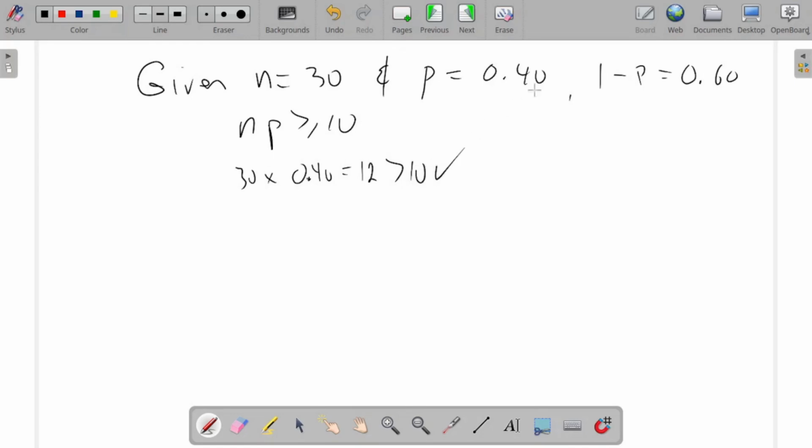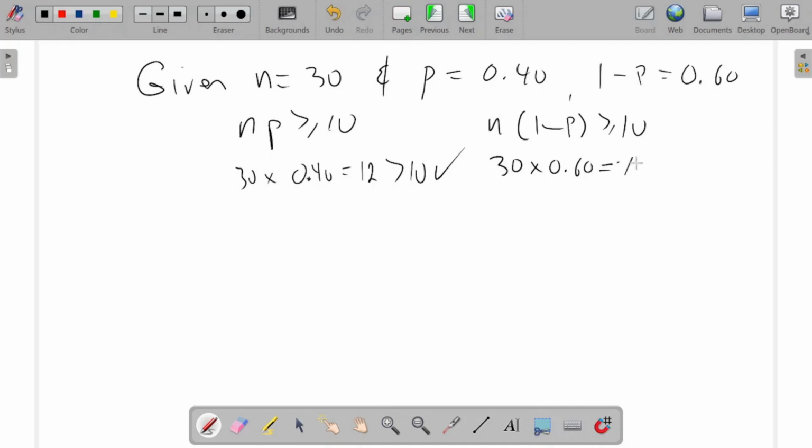Now we could say, well, 30 minus 12 is 18, which is also bigger than 10. Or if you want, we can go n times 1 minus p greater than or equal to 10. So again, this is 30. I know I'm kind of dragging this out, and I apologize, but sometimes a detailed example is better than one where you know that everybody gets it, and that doesn't always work out.